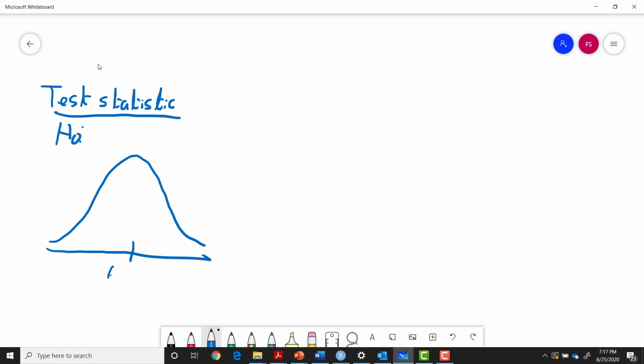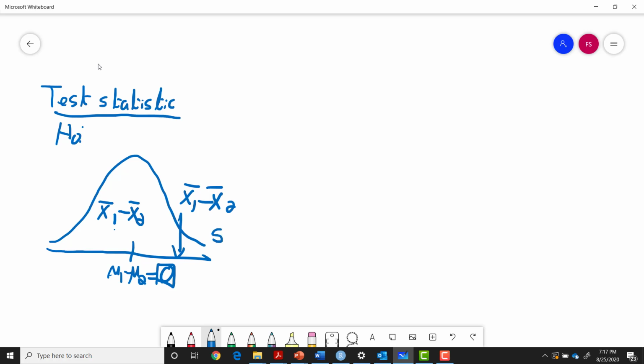So this is basically mu1 minus mu2 is 0. And basically, we have a sample, which is the difference between two means, somewhere here. So this sampling distribution basically is made up of a lot of the differences between the two means, and by the central limit theorem, that's going to be normal.